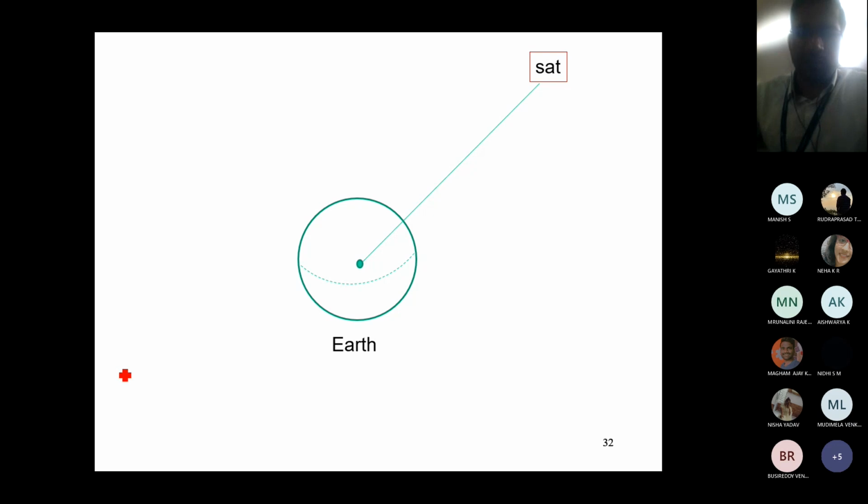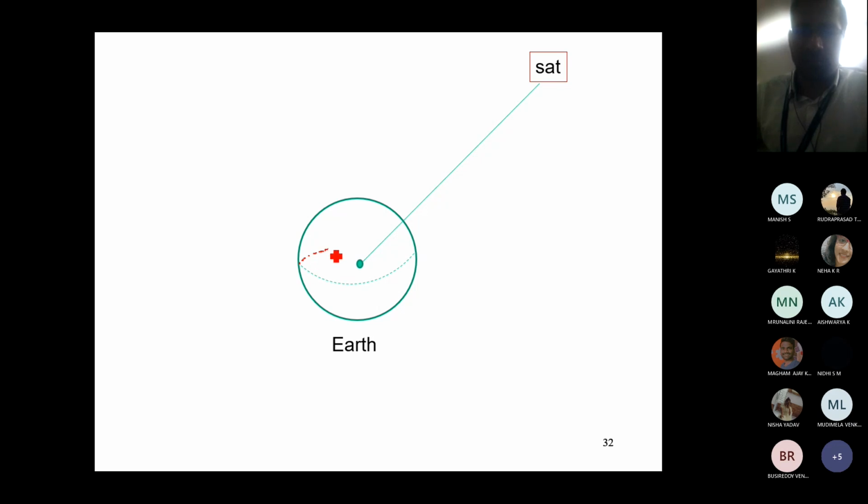And this particular line, represented by the dotted green color line, represents the equatorial line. Similarly, on the other side of the Earth, you have the same equatorial line, which will be like this. Okay, so I can draw it like this.